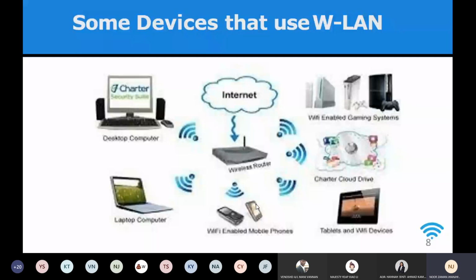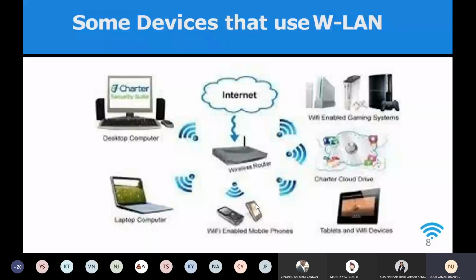So we have several types of devices which can be connected using the wireless network. This is the reason that the formation of the network and the topologies are different, very open, and very challenging, and that is the reason security is a high risk for those types of networks.